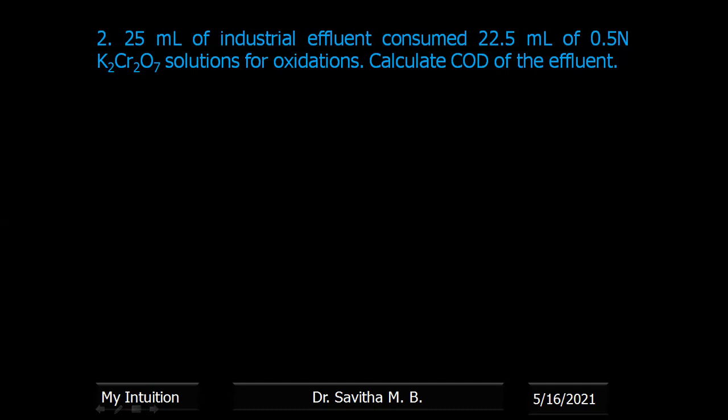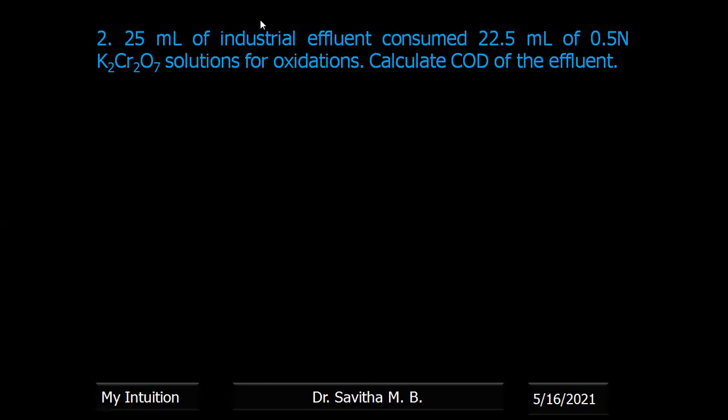Both are equivalent. Therefore, we can also take the normality of potassium dichromate in terms of NFAS. If NFAS is given, then we need to take the NFAS value only.